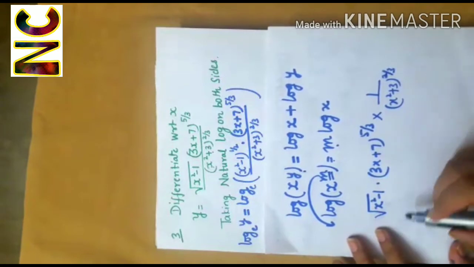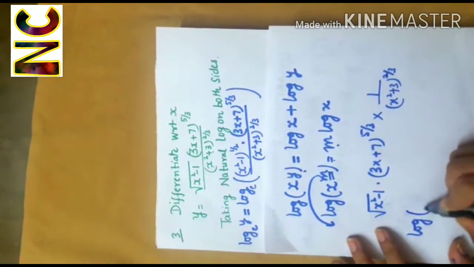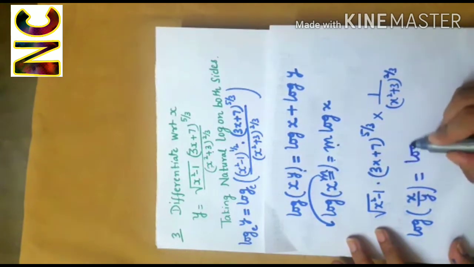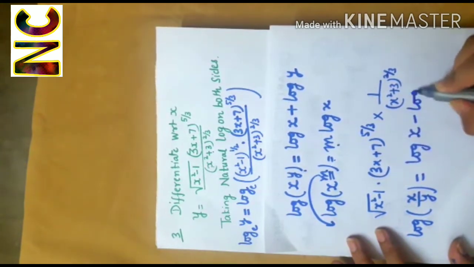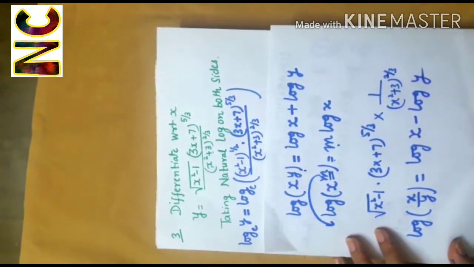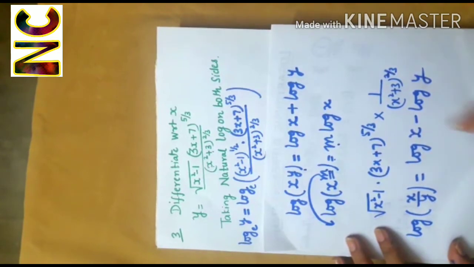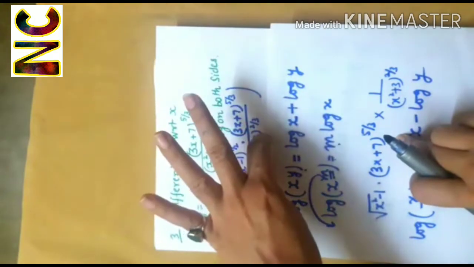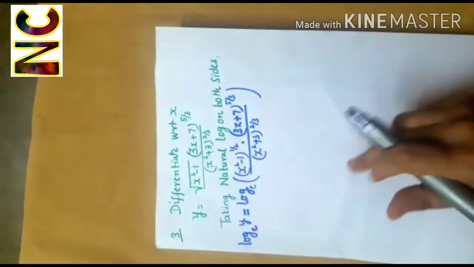Now, from the property of log, we know that log of x by y is log x minus log y. So I'll use this property here. This whole is your x and this is your y.